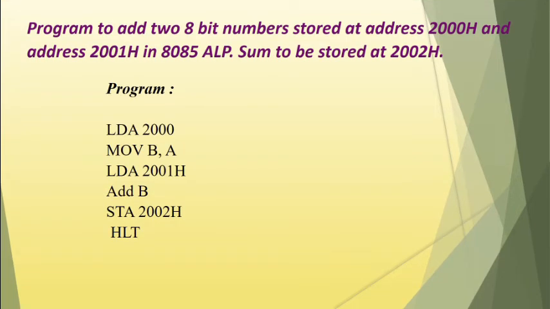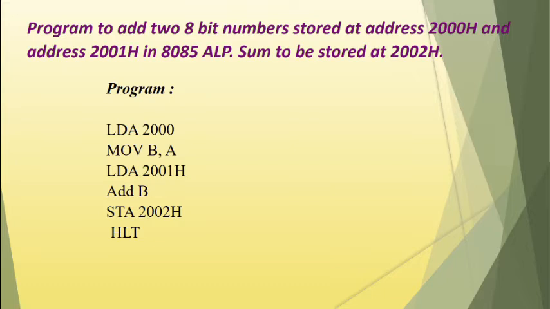In this program we have to add 8-bit numbers which are stored at memory locations 2000 and 2001 in 8085 microprocessor, and the sum is to be stored at 2002H memory location.